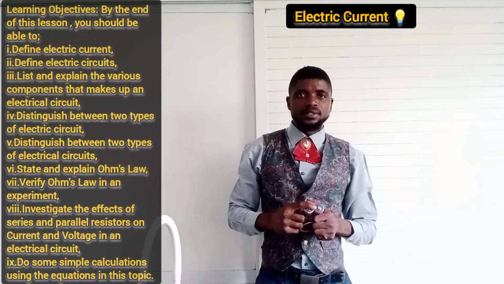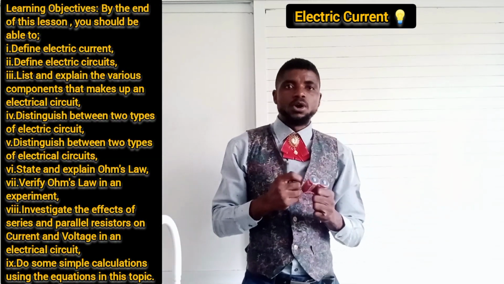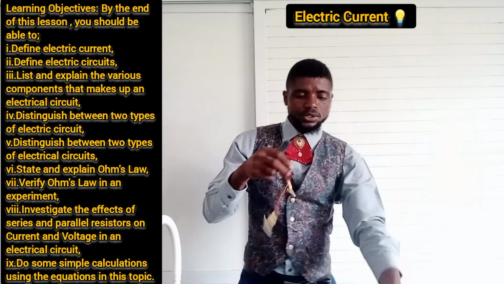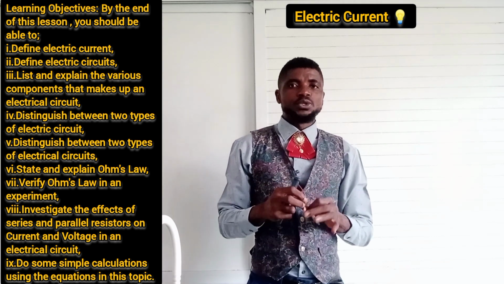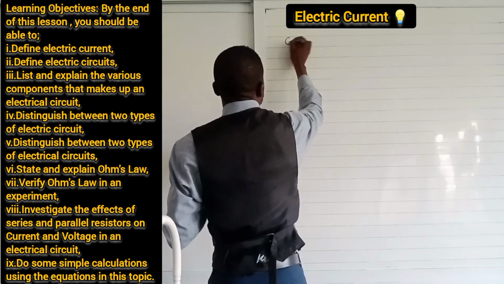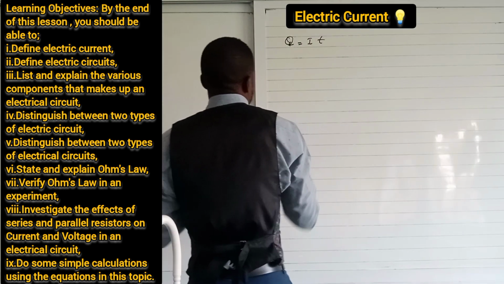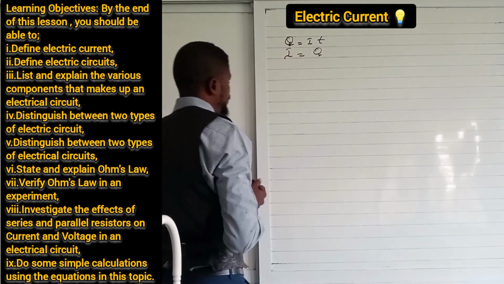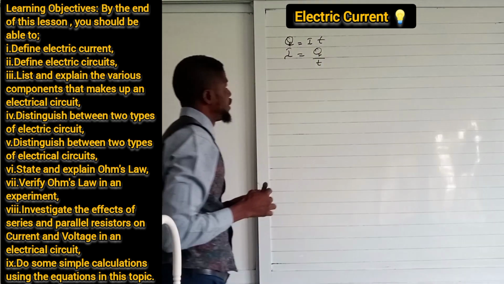Electricity is defined as the flow of currents or charged particles through a conducting material. We also define electric current from the equation Q = IT as the ratio of charge to the time taken.